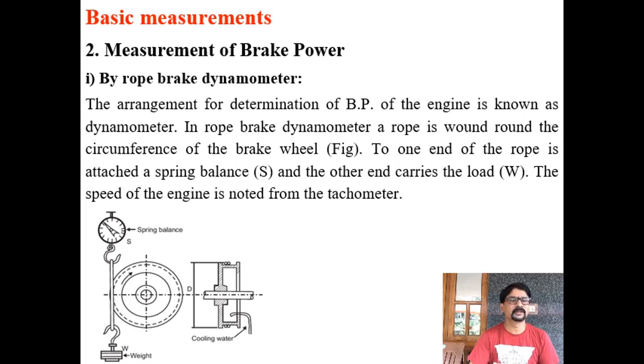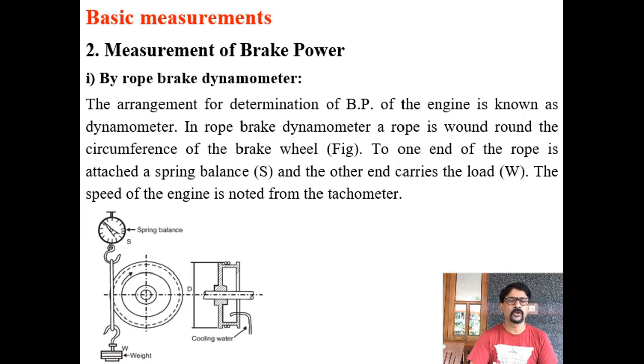There are different methods to measure this brake power. Let us discuss each of these methods one by one. To begin with, we have the rope brake dynamometer. The arrangement for the determination of the brake power of the engine is called the dynamometer.